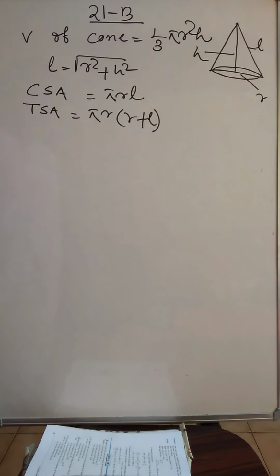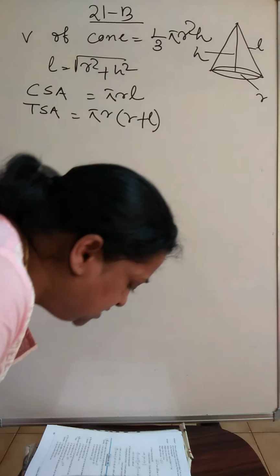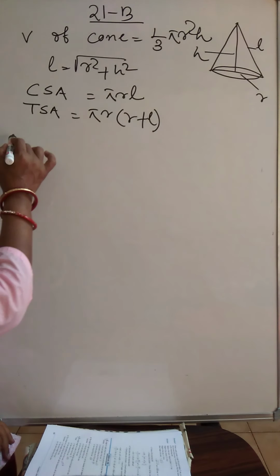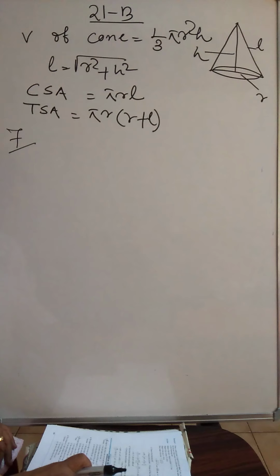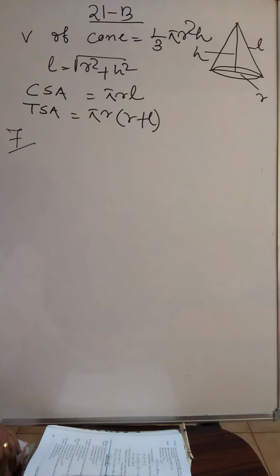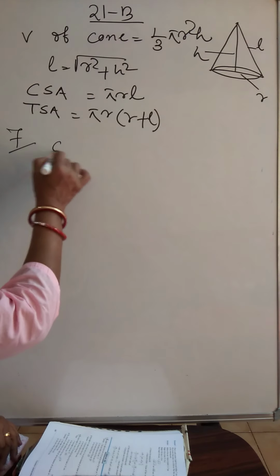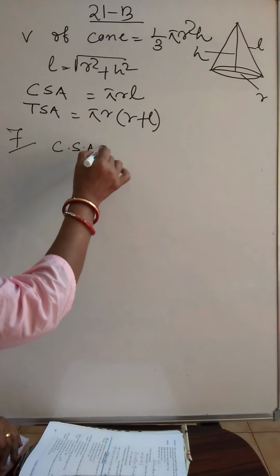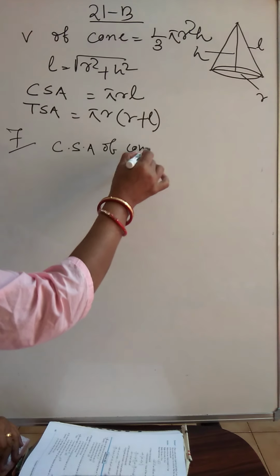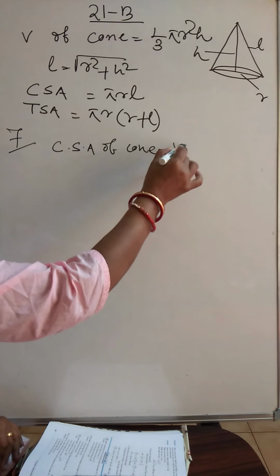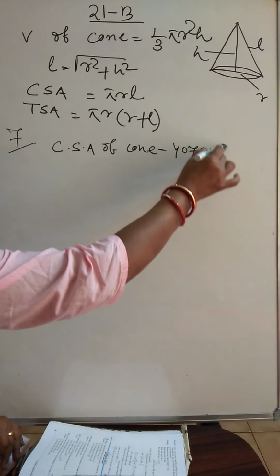Okay, let us start the exercise. I am doing question number 7. The curved surface area of cone is 4070 centimeter square.